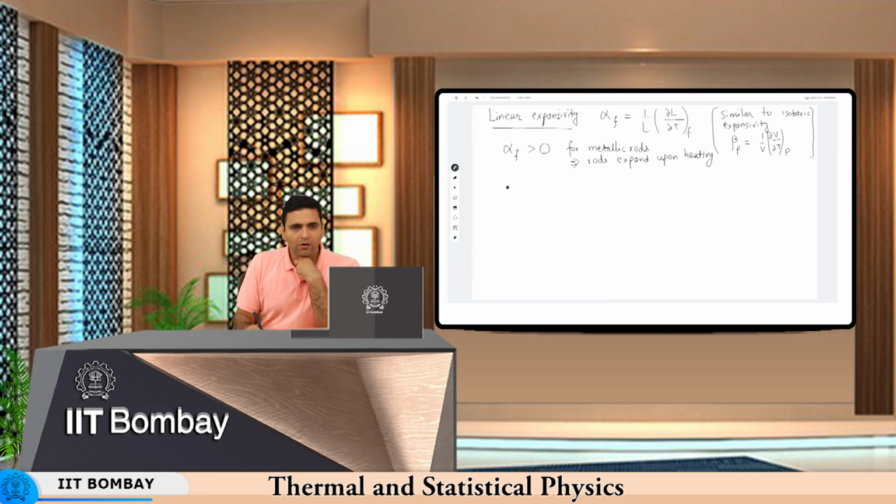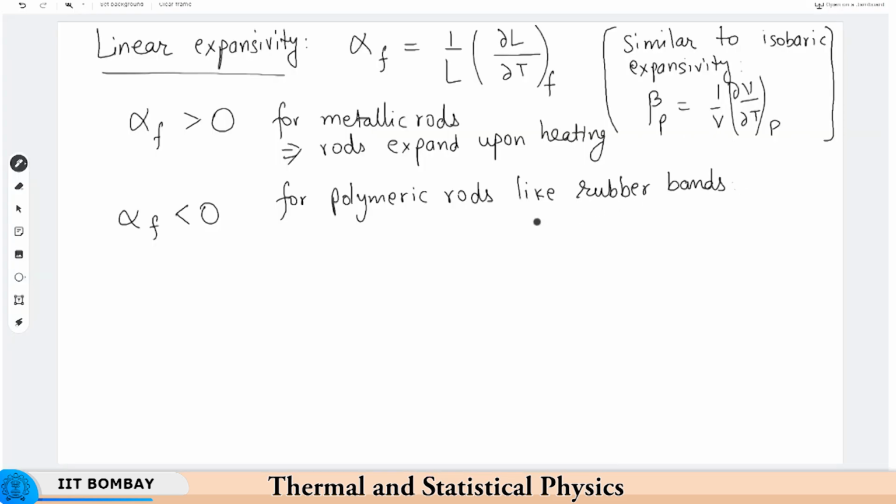However, there are also some systems where this alpha f is negative, and this is usually true for polymeric rods like rubber bands. I do not know whether you have played with rubber bands ever, but if you heat a rubber, it actually contracts upon heating.